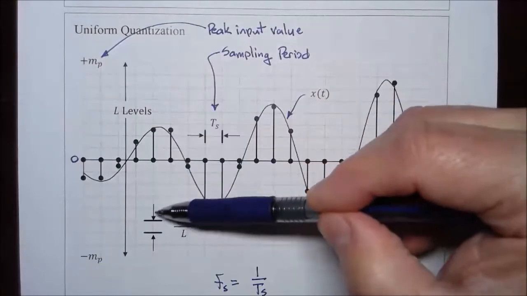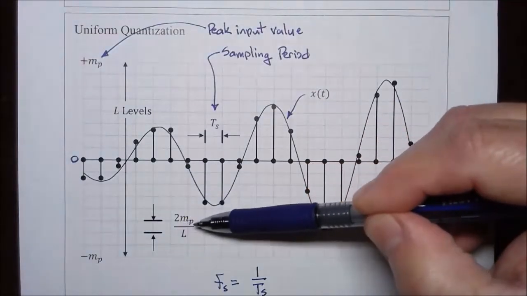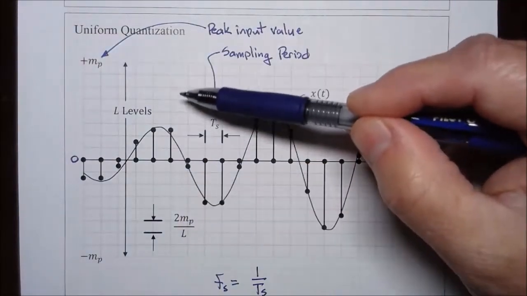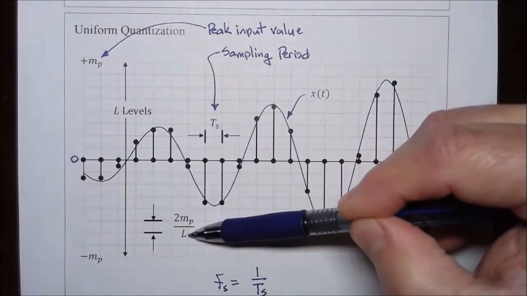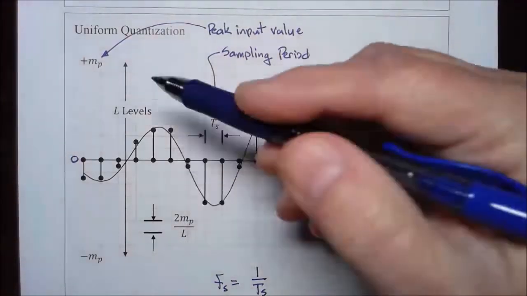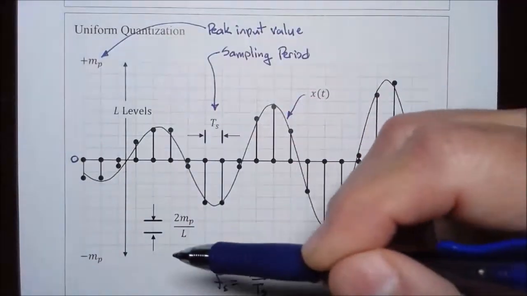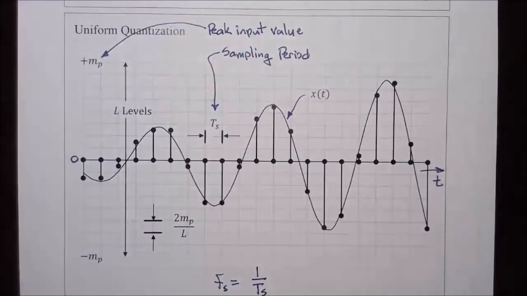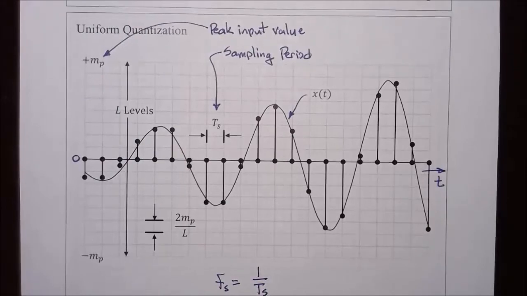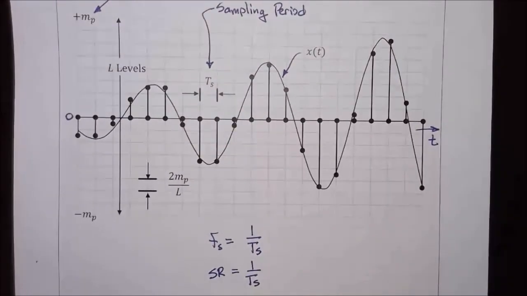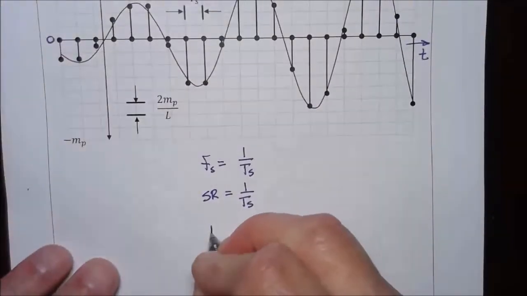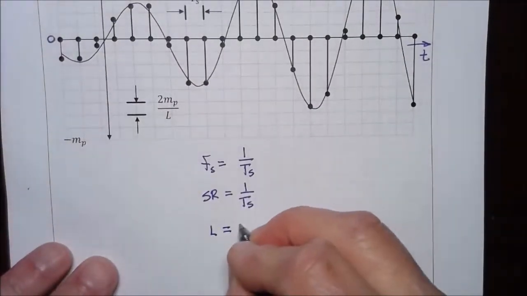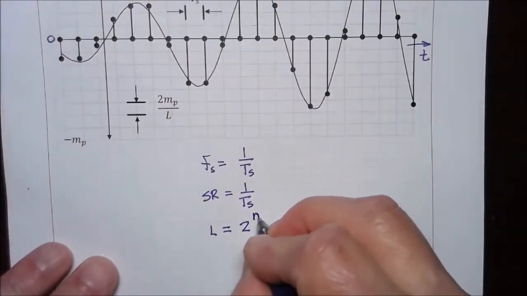So the spacing between the levels is the overall input range 2 times MP divided by the number of levels L. Now the number of levels is related to the number of bits we are using to represent the signal. The number of levels L is equal to 2 to the power of n.